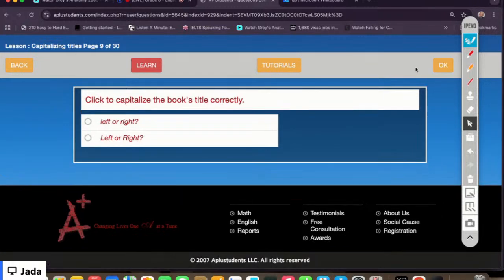So next we have left or right, first or second. So we have the second.